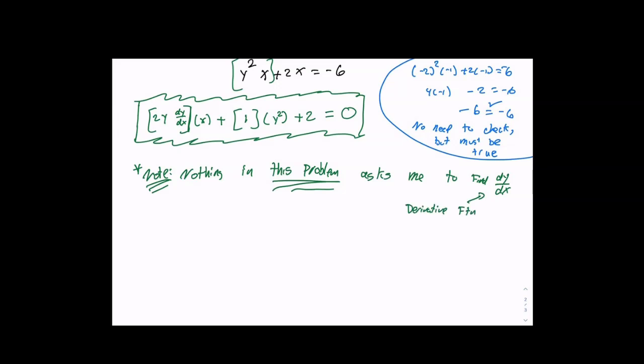So I am not required to find a derivative function. Does that make sense? When we were dealing with explicit functions, in order to find a derivative at a point, we first needed to find a derivative. Technically not true. The more proper way of saying it is, in order to find a derivative at a point, I need to take the derivative. I don't necessarily need to find the derivative, I just need to take the derivative.